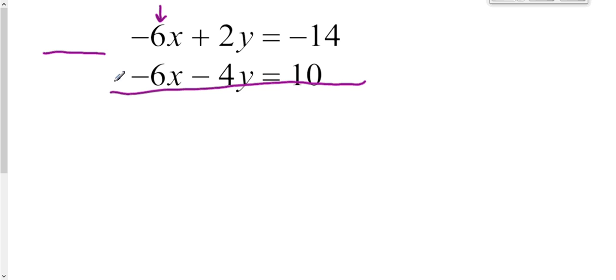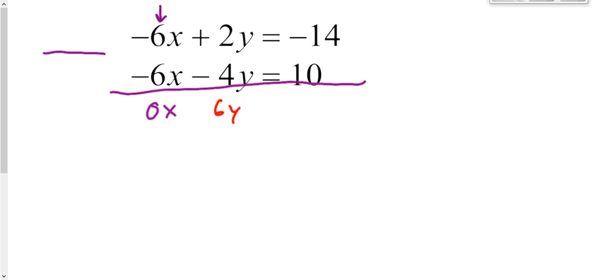So negative 6 minus negative 6 ends up looking like this, which creates the 0x that we need. Then 2 minus negative 4 gives us 6y.